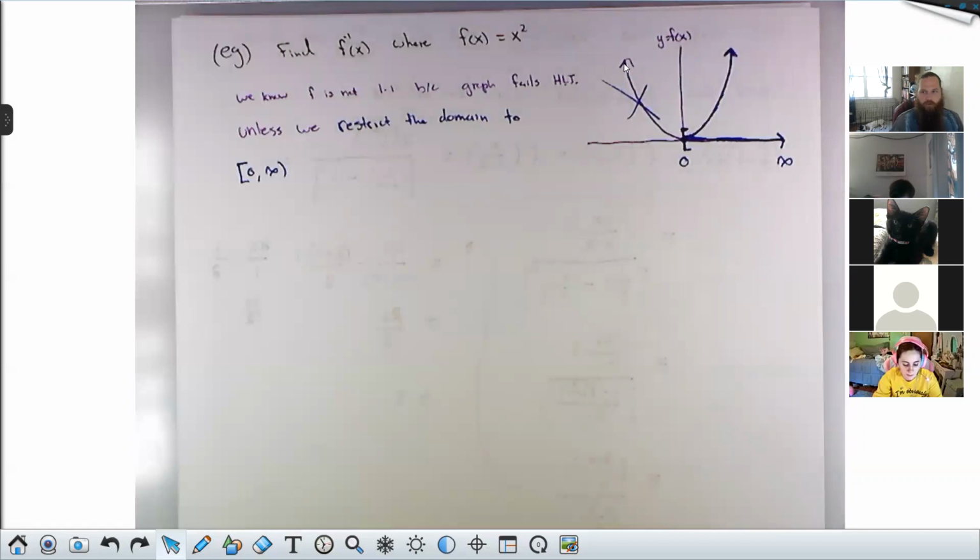I could have also chosen to restrict to negative infinity up to 0. Either one would be fine. Generally, you want to find the largest subset of your domain on which the function is one-to-one.